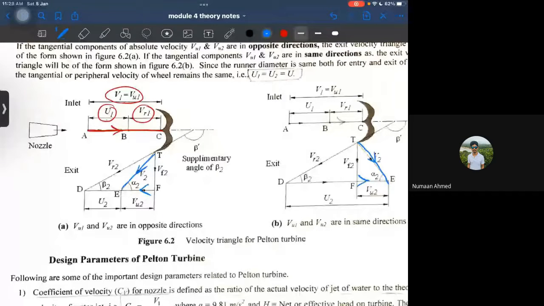Okay, now in the first case, if you observe the direction of VU at the inlet is in this direction, and the direction of VU at the outlet is in this direction.